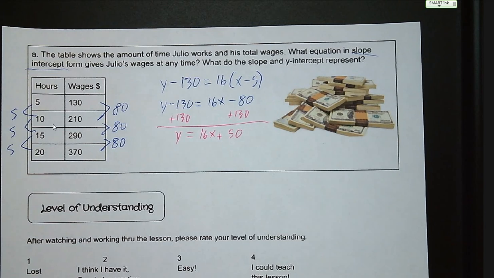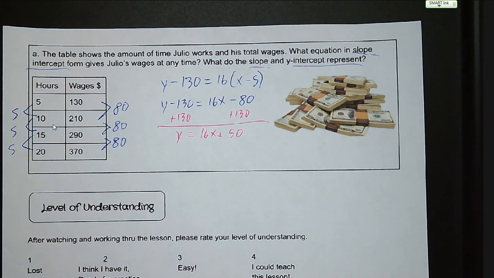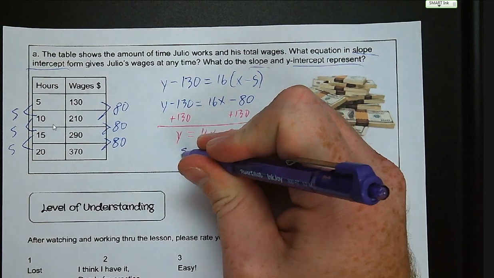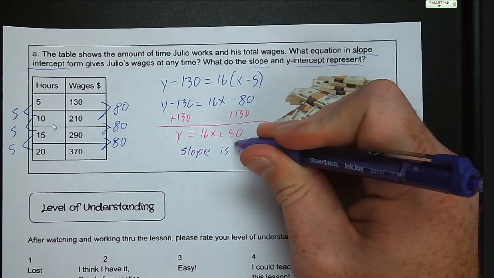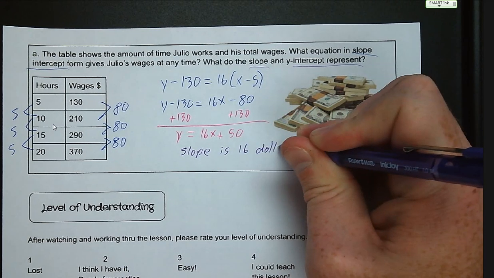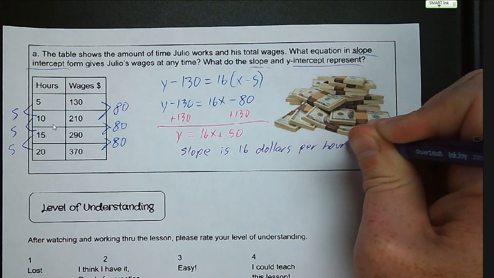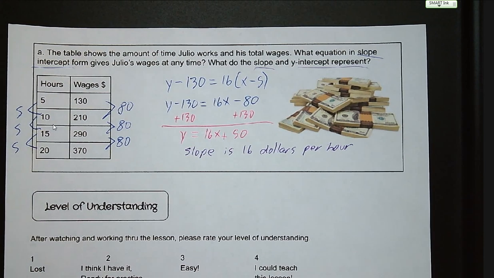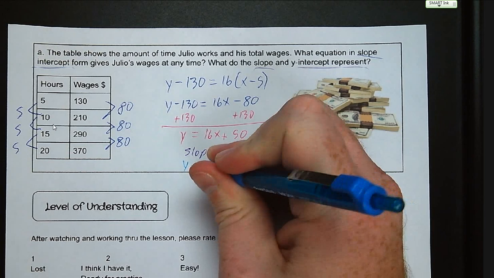So now I just got to figure it out. We said, what do the slope and y-intercept represent? Slope is $16 per hour. So he's making $16 per hour. And our y-intercept is going to be this plus 50.